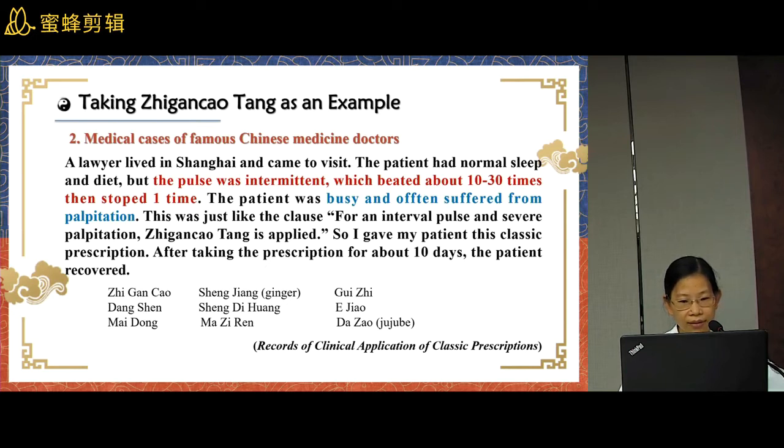In addition, the patient was busy and felt palpitation and restlessness. His manifestations were just like what Dr. Zhang Zhongjing said in the clause. Therefore, Zhi Gan Cao Tang was prescribed.